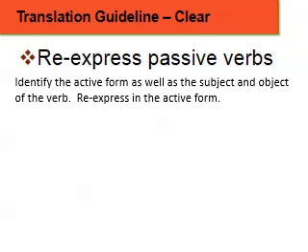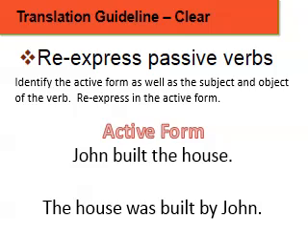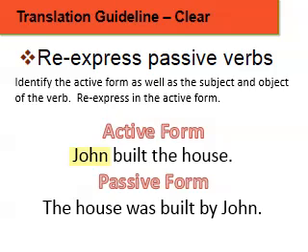In English, it is possible to say, "John built the house," active form, or "The house was built by John," passive form. In the active form, the subject of the sentence is the person who does the action. In the passive form, the subject of the sentence is the person or thing to which the action is done.